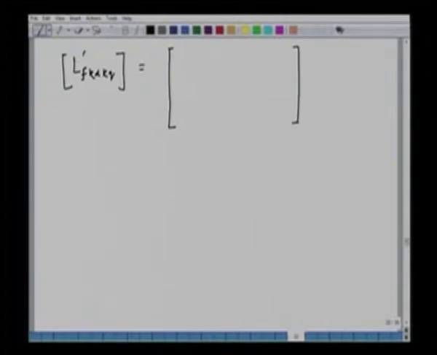We have 3 by 2 into (LG0 plus LG2), and then 3 by 2 (LG0 plus LG2), and then 0. In the q axis we find 3 by 2 (LG0 minus LG2), 0, 0 and 0.